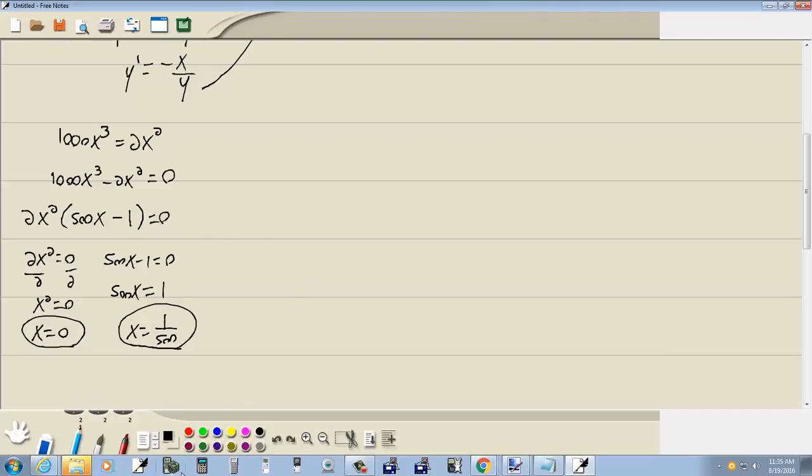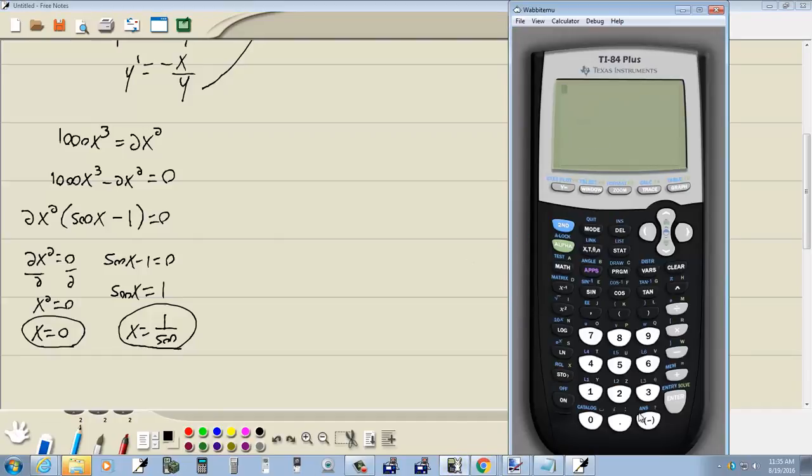Let me just double check that. Let's see, 1000, and then beginning parentheses, 1 over 500, close parentheses, the third power. Okay, and that's the left side. It gives us this.